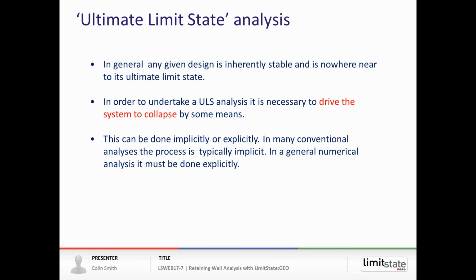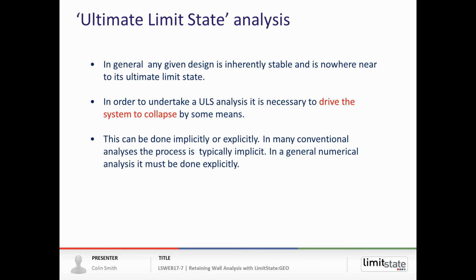Now, before we look at how we actually do that analysis, we just need to say a little bit about ultimate limit state analysis. In general, when you're designing something, if you've got it right, it's going to be inherently stable and won't be anywhere near its ultimate limit state. So to do a true ultimate limit state analysis, we have to drive the system to collapse by some means.